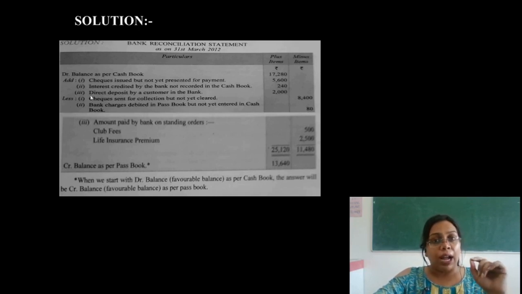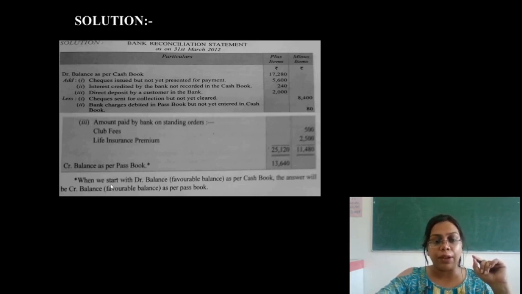I have already stated that if we start from the debit balance as per cash book, we will end at the credit balance as per passbook. Starting from debit, ending to credit, starting from cash book, ending to passbook.